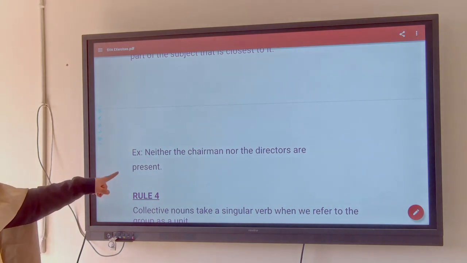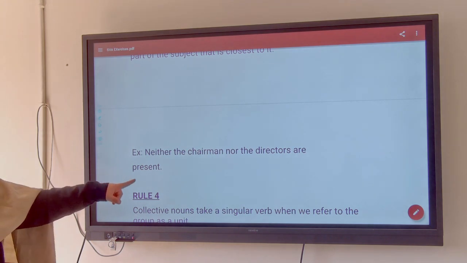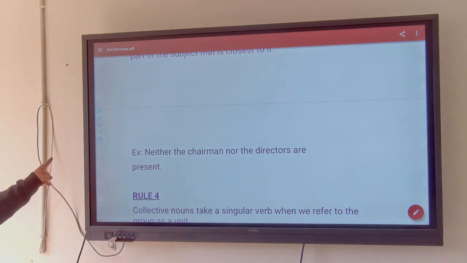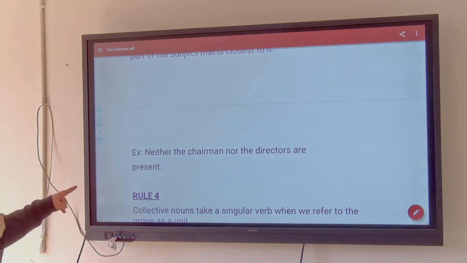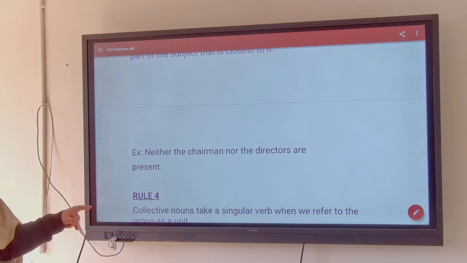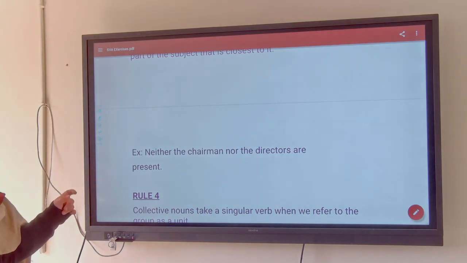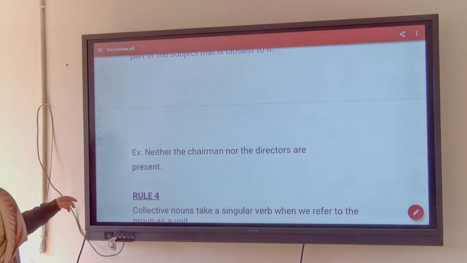Directors is the subject closest to the verb. So here directors is plural, so we will use are. Instead, had it been neither the directors nor the chairman, then we will use is. So whichever subject is closest to the verb, we choose the verb accordingly, singular or plural. That is rule number 3.